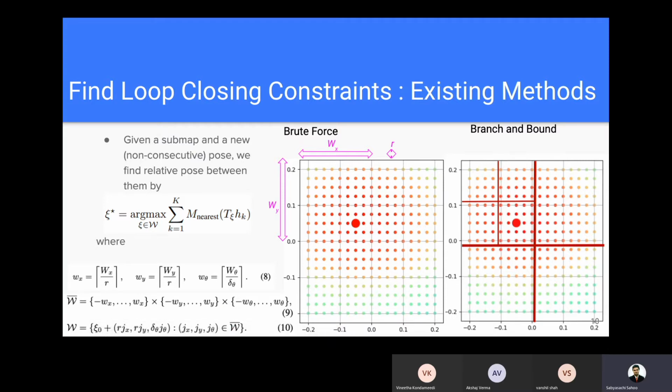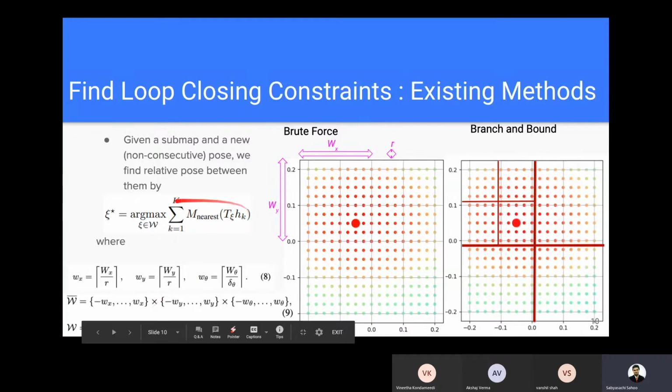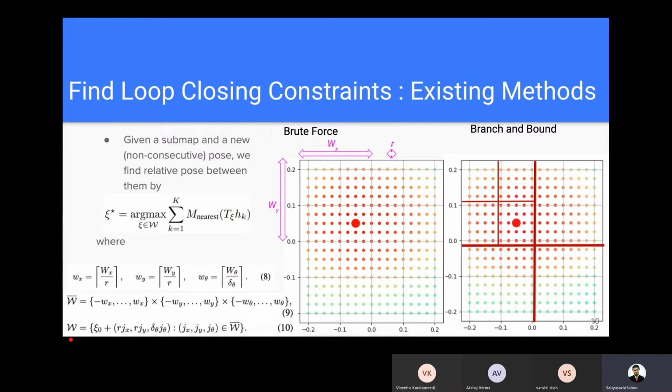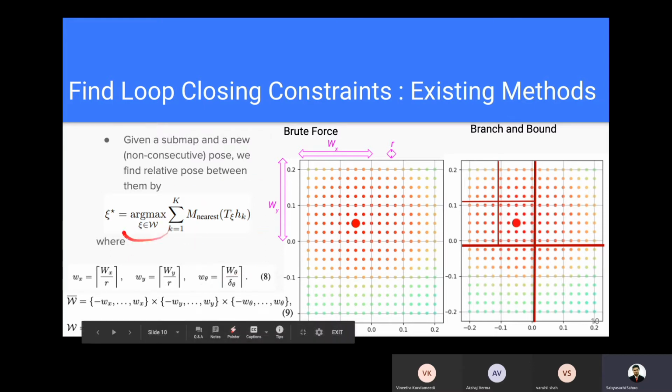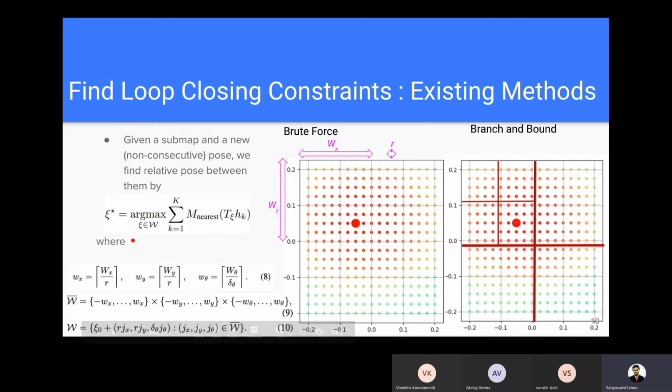All the values we are seeing, epsilon naught plus the search window value, is what we'll take, and each of these points is fed here. Then we try to see which grid point, or which point in this set, gives us the maximum value, and that point is the final solution, epsilon star. Okay.